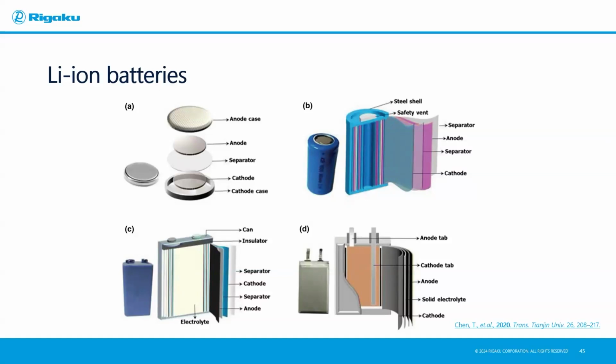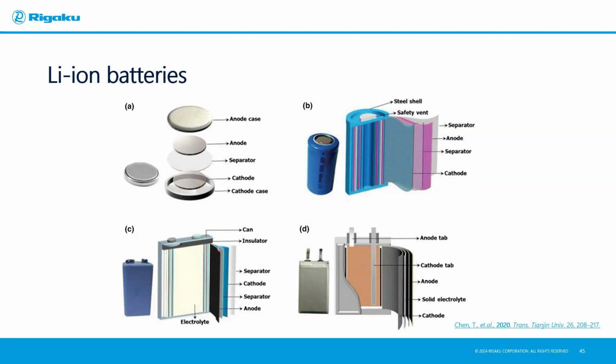And so you can see that the complexity of the sample can increase quite a bit, which makes it more and more challenging for X-ray CT data collection as well as X-ray CT segmentation.